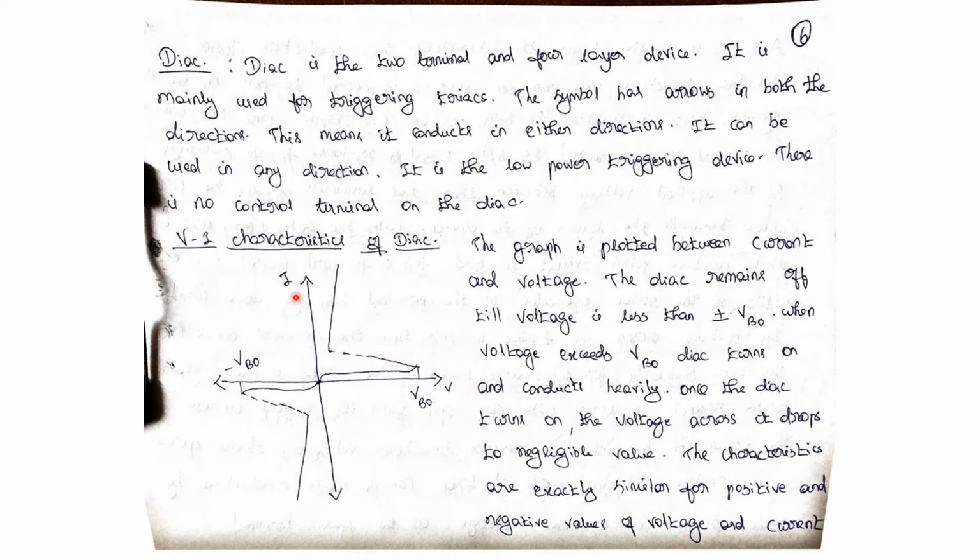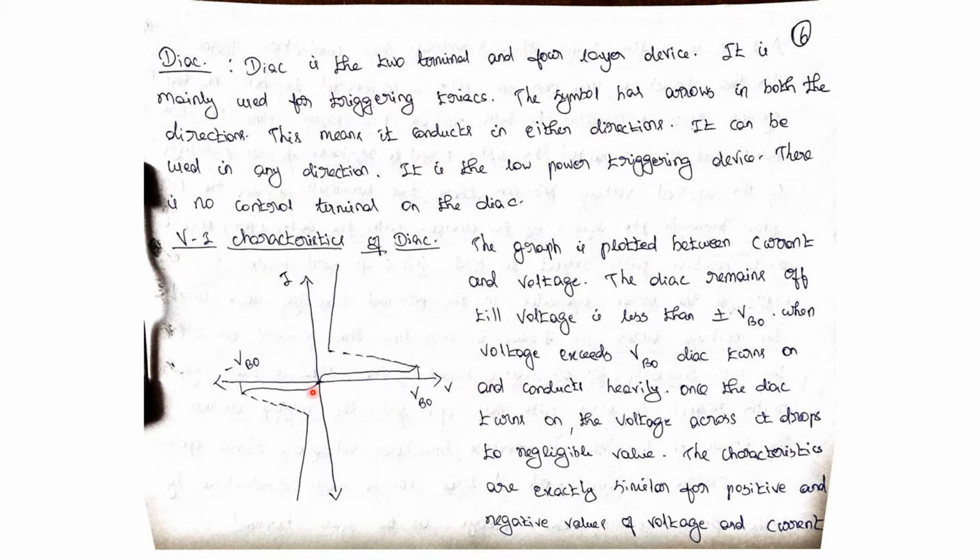The graph is plotted between current and voltage, like the triac. This also has the forward blocking mode. VBO, you know, is the forward breakover voltage. Whenever the voltage is greater than VBO, the diac turns on. In the same way, it has reverse blocking mode.